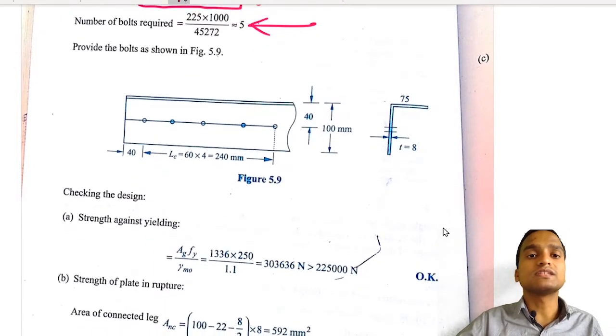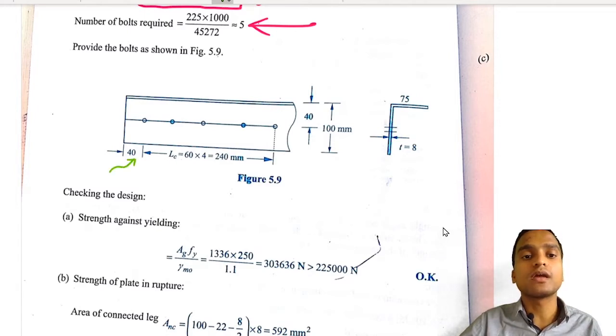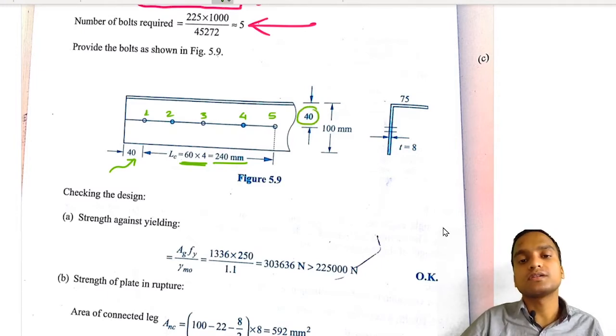This is the diagram of the angle section, and here all the details are shown. Edge distance is shown, and pitch of 60 mm is taken. There are 5 bolts being used, and the length of end connection is the distance between the outermost bolts, so Lc will be equal to 240 mm here, and this is our end distance.